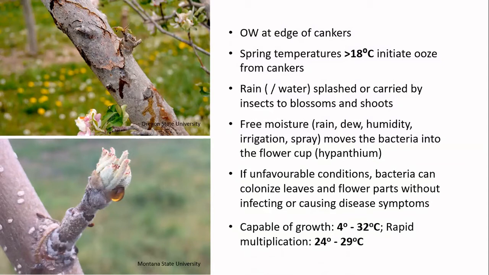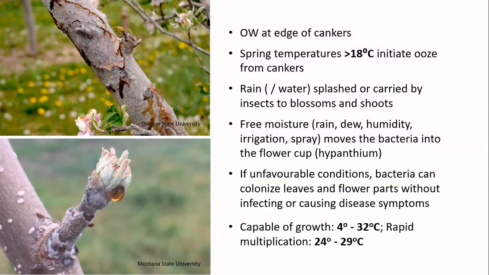And as the temperatures start to warm up in the spring, in other words, as it starts to get above about 18 degrees, then that bacteria starts to become active within the tree, and you start to see ooze coming from those cankers. And during times of rain, or any types of water, whether it's spray water as well, this is splashed or carried by insects then to blossoms and shoots. And so that's how the initial infection happens in the season from these overwintering cankers.